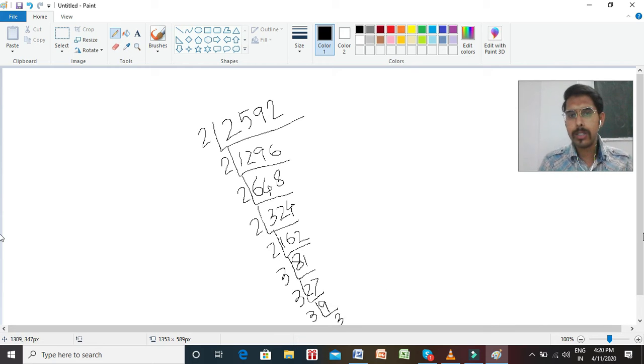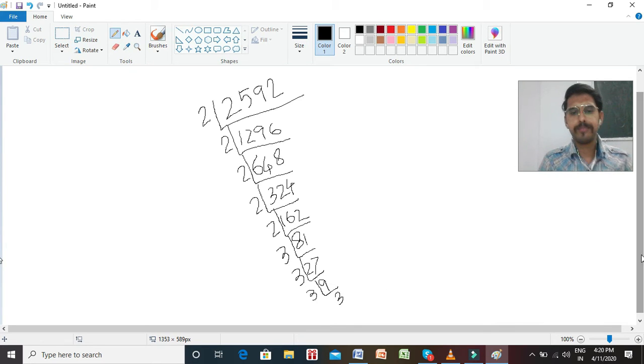So this is the overall prime factorization of 2592. What we can write from here is all the numbers that we have got: 5 twos and 4 threes.